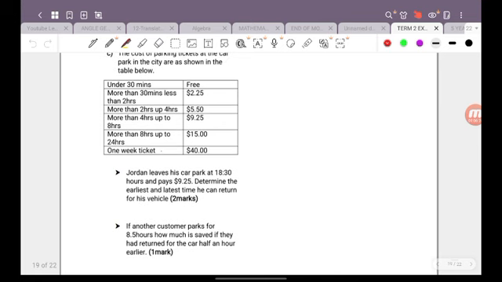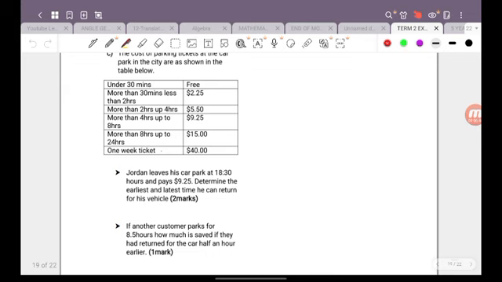It says that Jordan leaves his car at the car park at 6:30 in the evening, army time or soldier time as we call it. 18:30 would be 6:30 p.m. All right, so 1830 hours, and he pays $9.25.